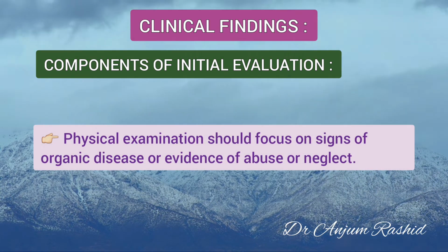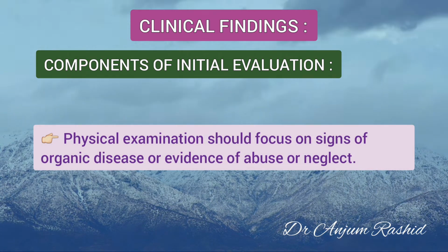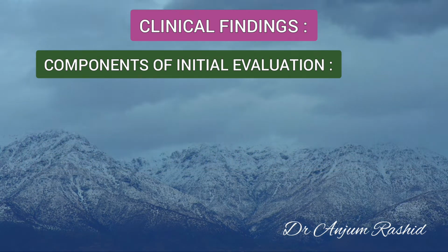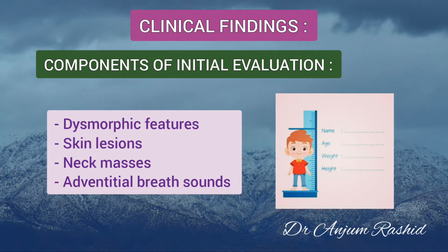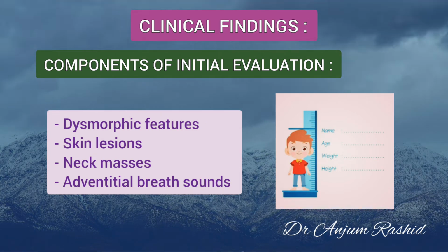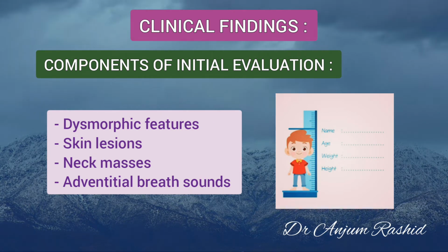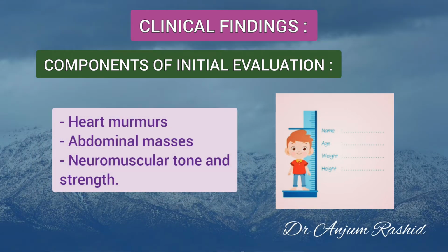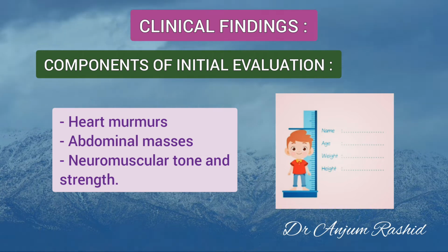Now, the physical examination should focus on the signs of organic disease or evidence of abuse or neglect. Specifically, any dysmorphic features, skin lesions, neck masses, breath sounds, heart murmurs, abdominal masses, and neuromuscular tone and strength.